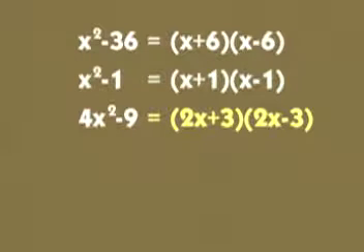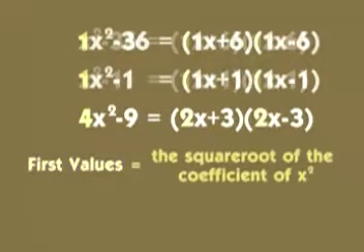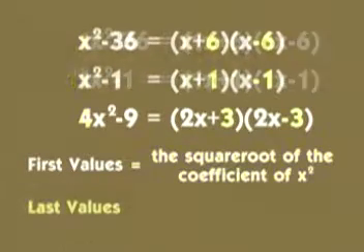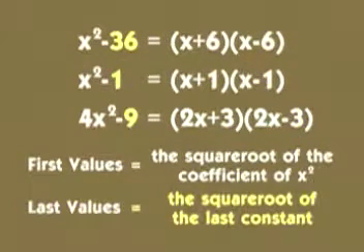In each case, the two factors look the same, except that one has a plus sign and the other a minus sign between the terms. The first values are both equal to the square root of the coefficient of x squared. The last values are each the square root of the last constant. All you need to do is put a plus between them in one factor and a minus in the other.